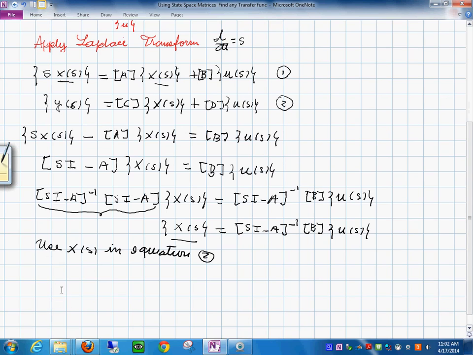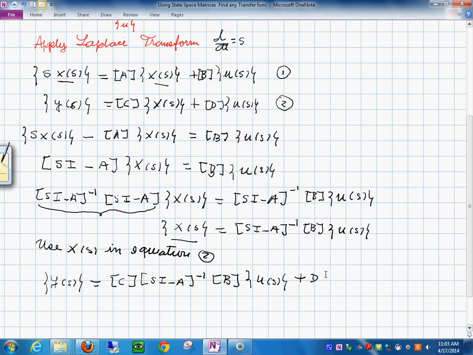See, in equation 2, we say y of s vector is equal to the matrix C, and now we substitute this in here, would be sI minus A inverse times the matrix B times U of s, and then plus D, right?